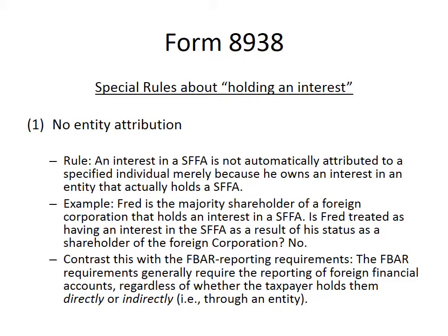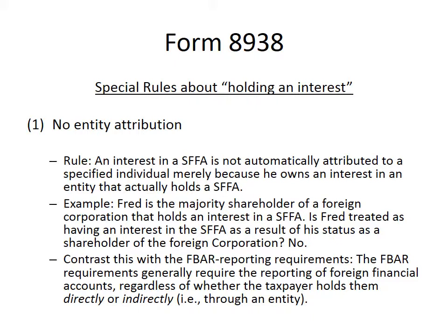What I'm trying to highlight is the confusion this causes, because if Fred is a majority shareholder of ABC, and ABC in turn owns foreign bank accounts that exceed the FBAR reporting threshold, then Fred has to disclose his indirect ownership of the foreign bank accounts on an FBAR.